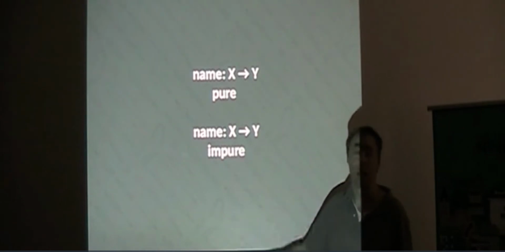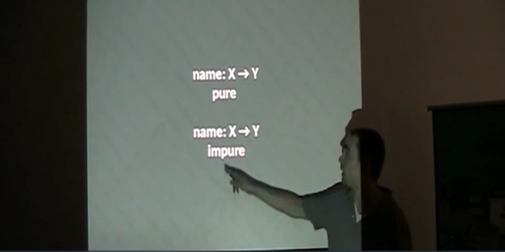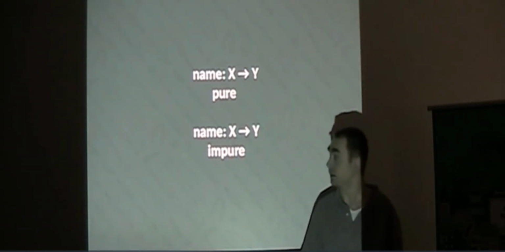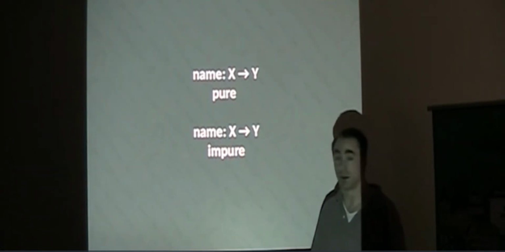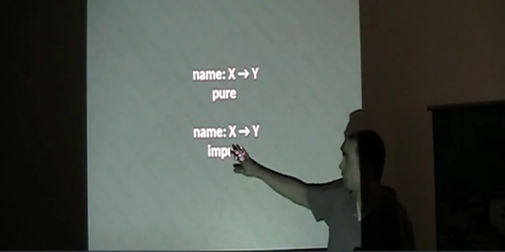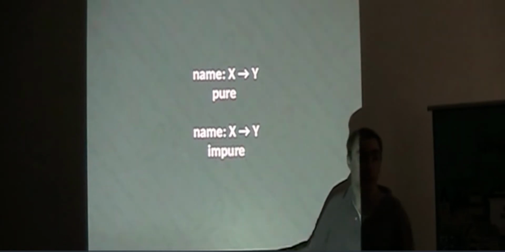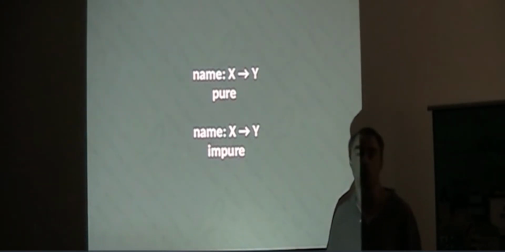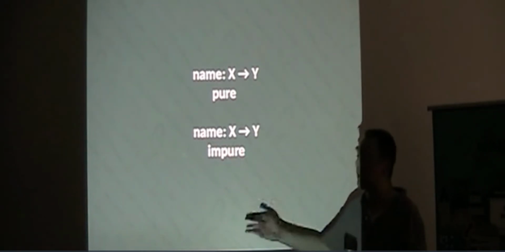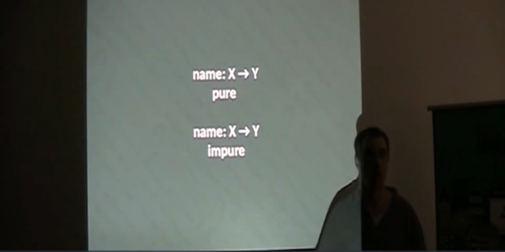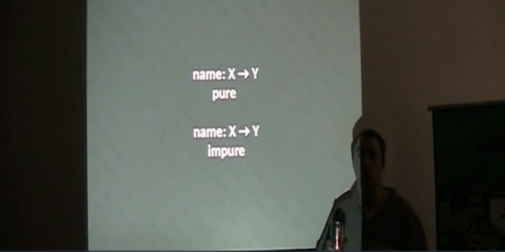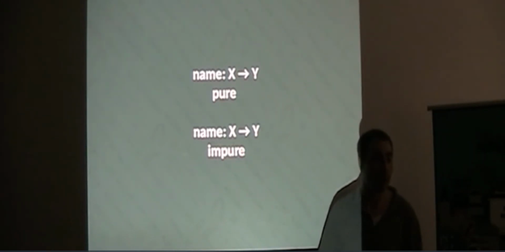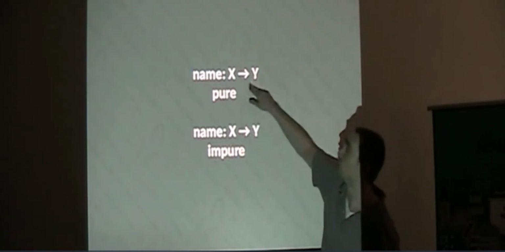With impure functions, not necessarily. They can be a function of far more than just this, and they can end up doing far more than just return this value. And you can say, well, that needs to be documented. It's true, all things being equal, more documentation is better, but all things are not equal between these two things.